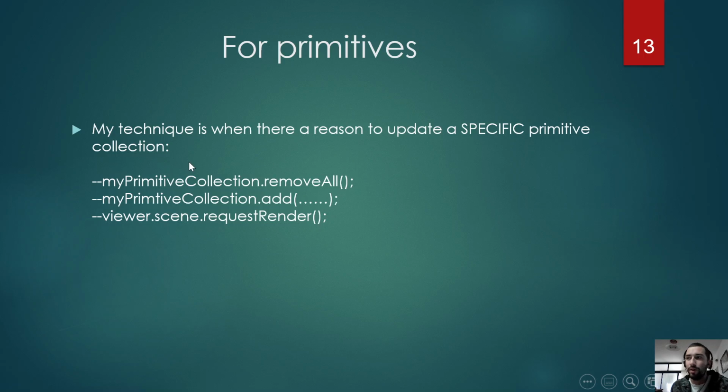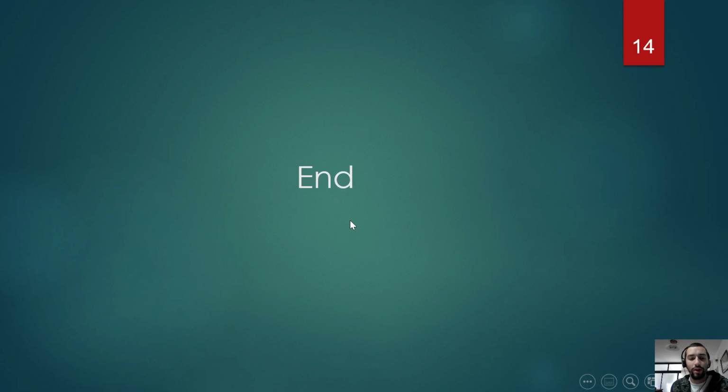If I get a new position for, let's say, my train or my car, I go to my primitive collection, remove all, add the primitive again with the new position, and then call viewer.scene.requestRender. Of course, you can call it recreate or update, never mind, this update map, but that's my point, and that's all.